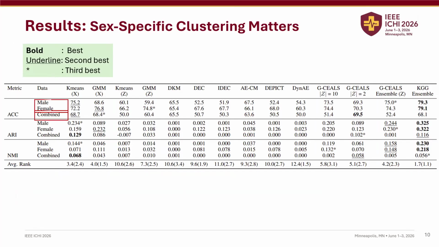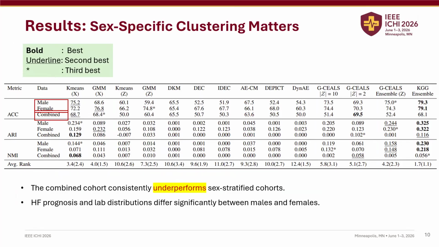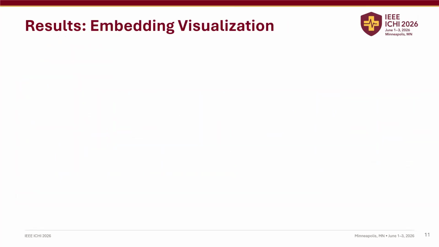If you look at the dataset perspective, there is a large drop in the performance across almost all metrics when algorithms are forced to run on the combined male and female cohorts. This may happen because baseline clinical lab values and cardiovascular physiology differ fundamentally between biological sexes.